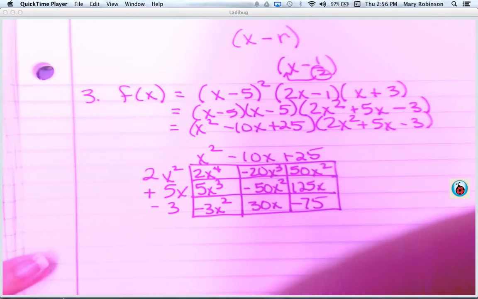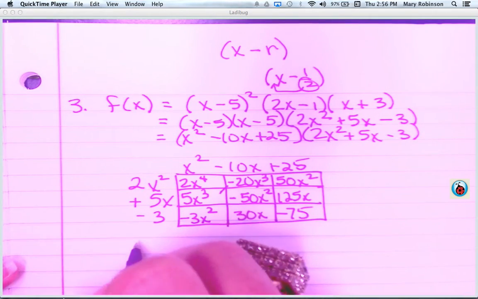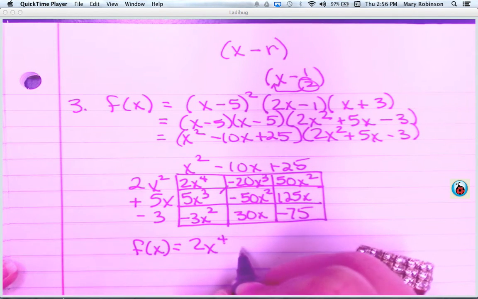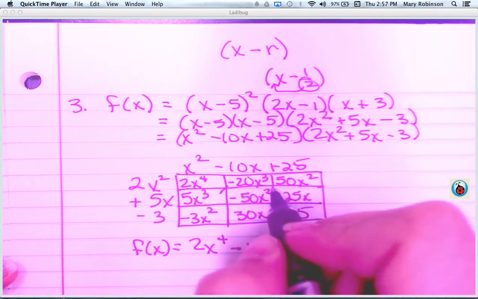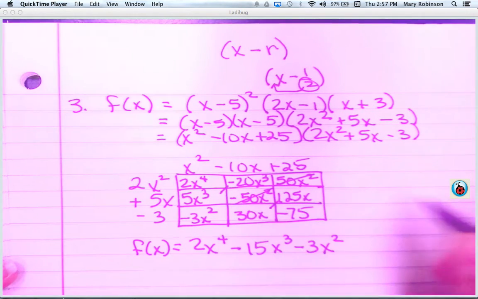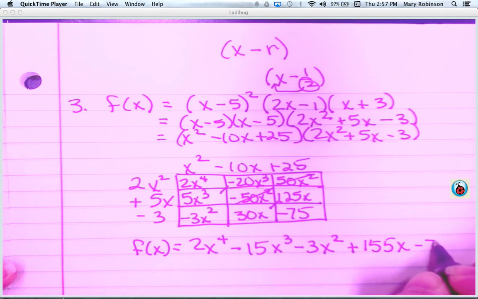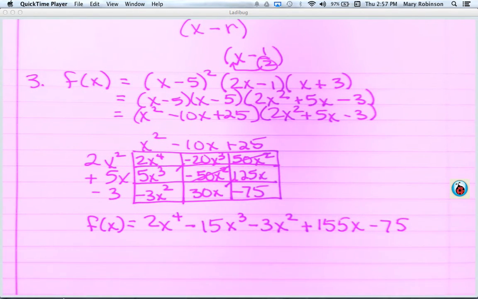And then I should have my like terms diagonally. So my polynomial would be f of x is equal to 2x to the 4th minus 15x cubed. 50x squared and 50x squared cancel, so minus 3x squared. Add these together, plus 155x minus 75. Now, you should never stop until you have verified your answer.